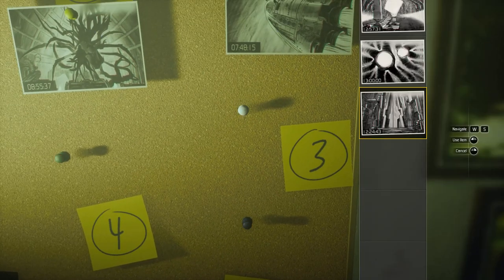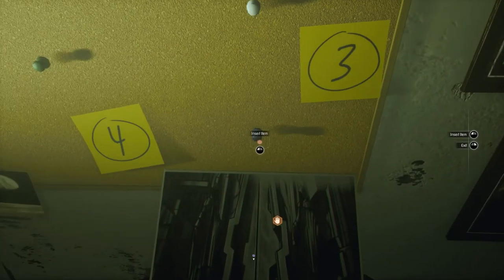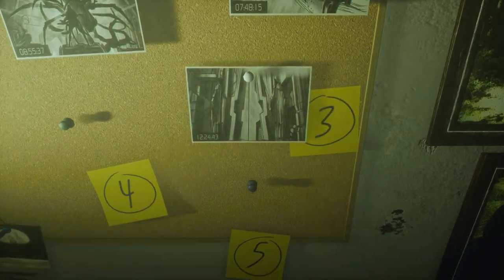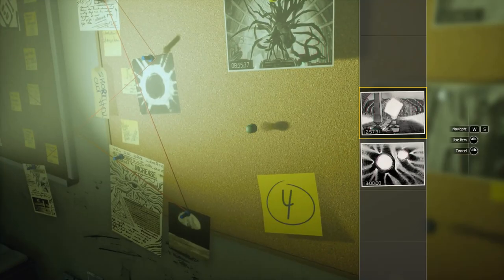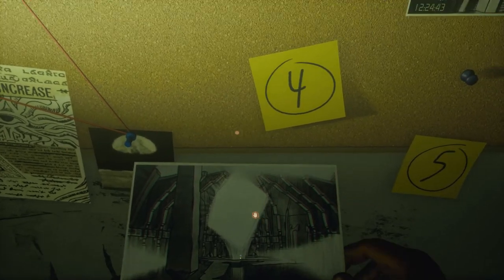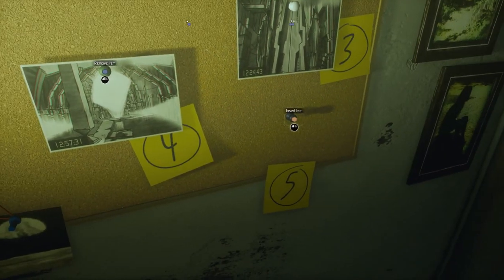Now, number 3. 1224. Number 4, 1257. And number 5, 13.